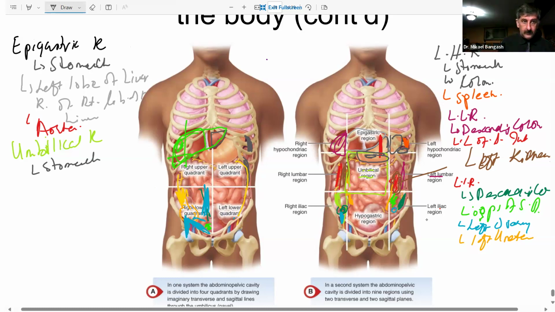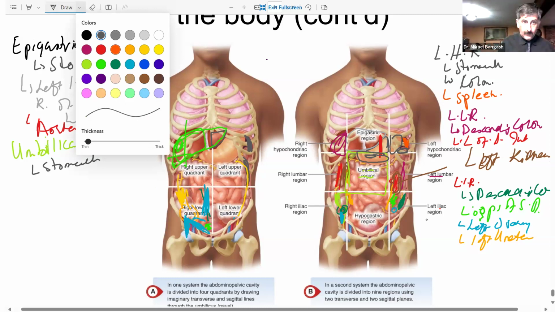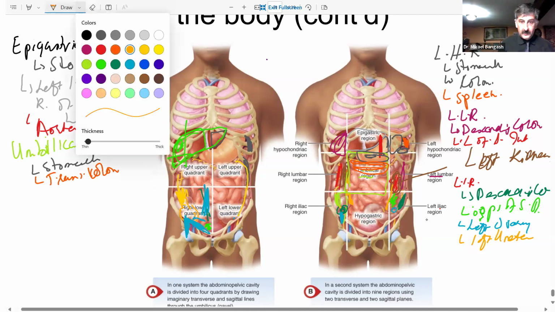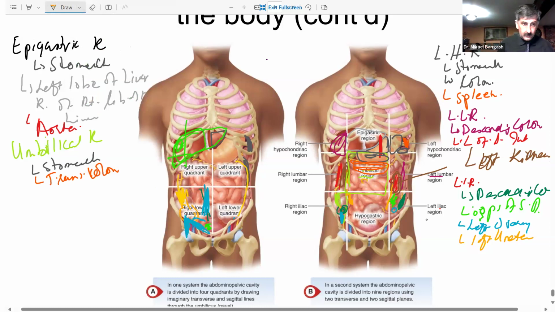We can even see your transverse colon. We may even see loops of your small intestine.